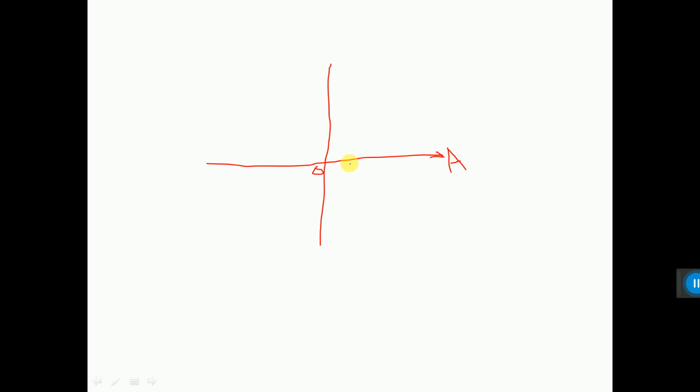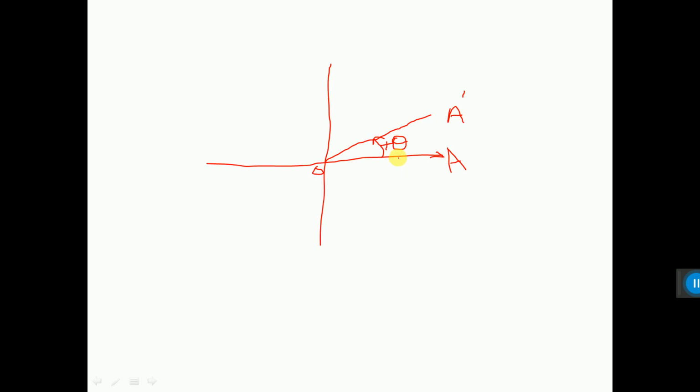Now if this line starts revolving in the anti-clockwise direction and one angle is created, let's say this is the OA dash position, the angle created is theta, and it will be a positive angle.